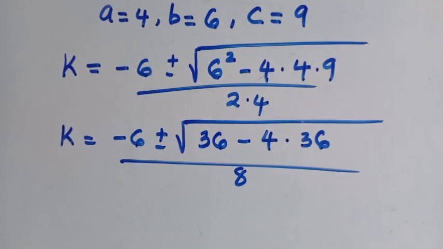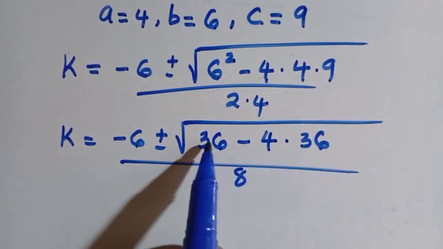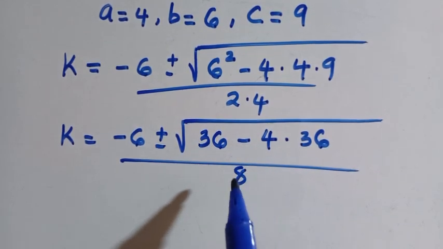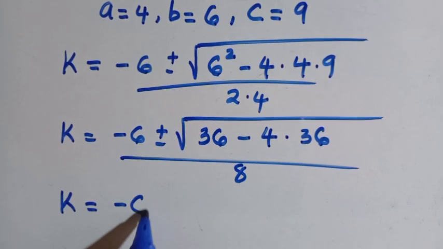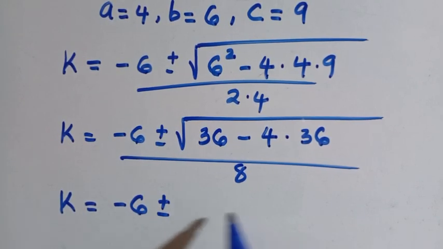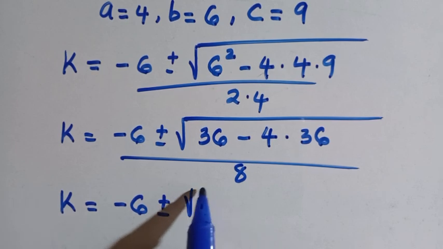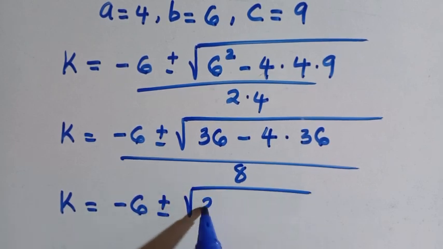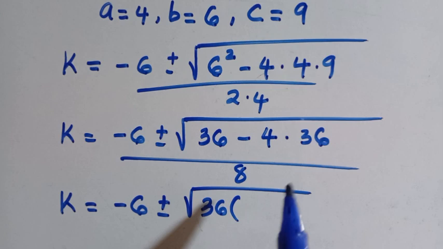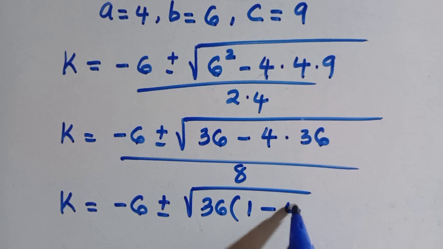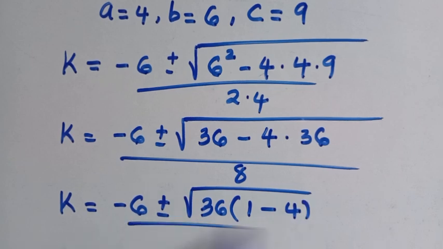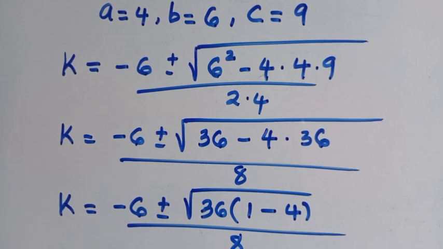And then if we factor out 36 from here, what we get is k equals minus 6 plus or minus the square root of 36 into bracket of, dividing this by 36 we have 1 minus, and 36 divided by 36, that is 4, and everything divided by 8.